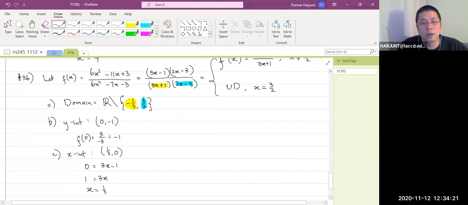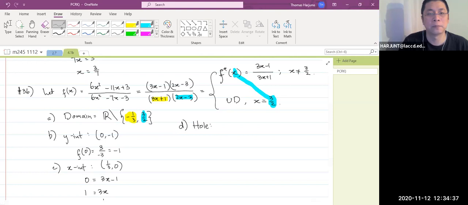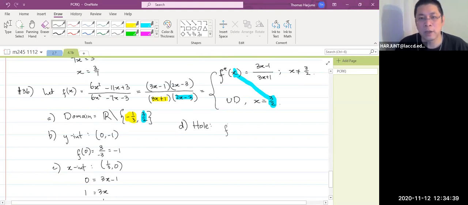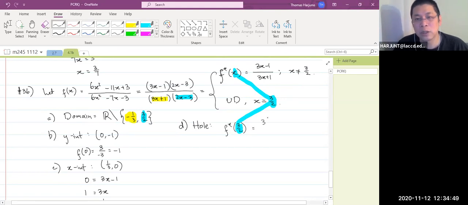Okay. Part D, how about the hole? You will put this 3/2, which is the zero of the canceled factor, into the simplified form. So f star of 3/2 equals 3 times 3/2 minus 1 over 3 times 3/2 plus 1.